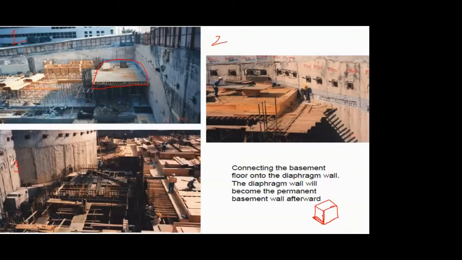Now you just have to prepare the slab. In the second figure, here they have drilled some grooves into that diaphragm wall. That will act as a seating for a slab. Whatever the connection between the slab and the diaphragm wall is, it will be done by these grooves.